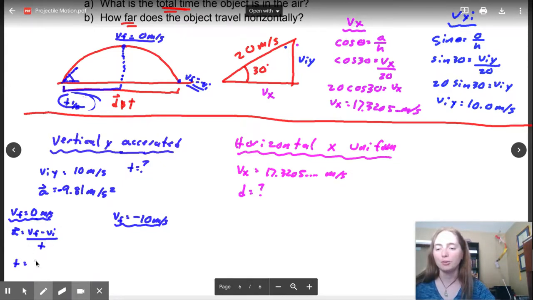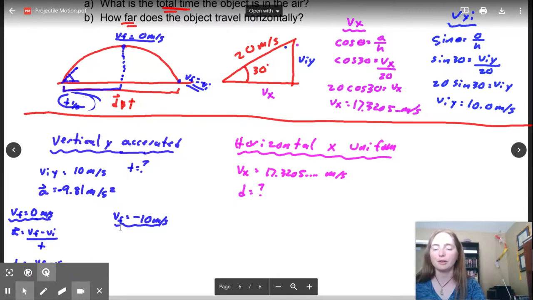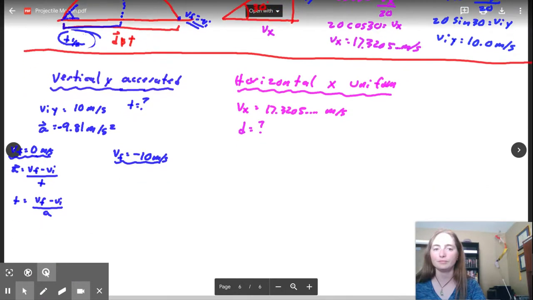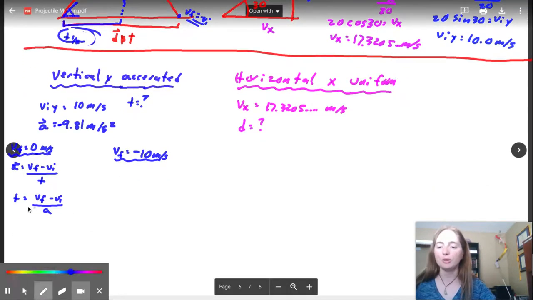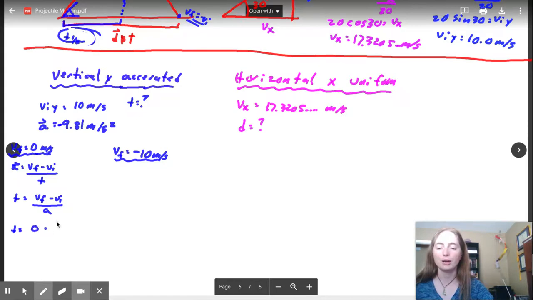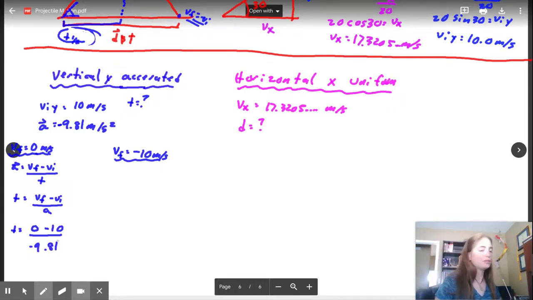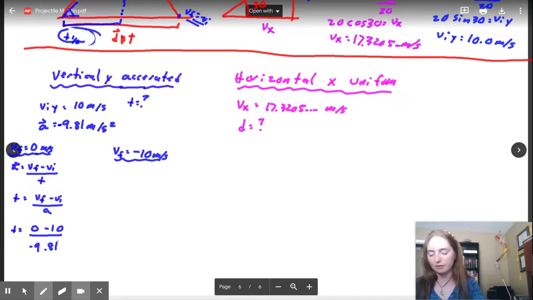Okay, rearrange this guy. Okay, I need to scroll down to keep writing. Okay, so I'm going to put my numbers in. Now, VF is 0 minus my VI, which is 10, divided by my negative 9.81 meters per second. Now, I didn't do this one earlier, so I'm just going to have to plunk this in here.